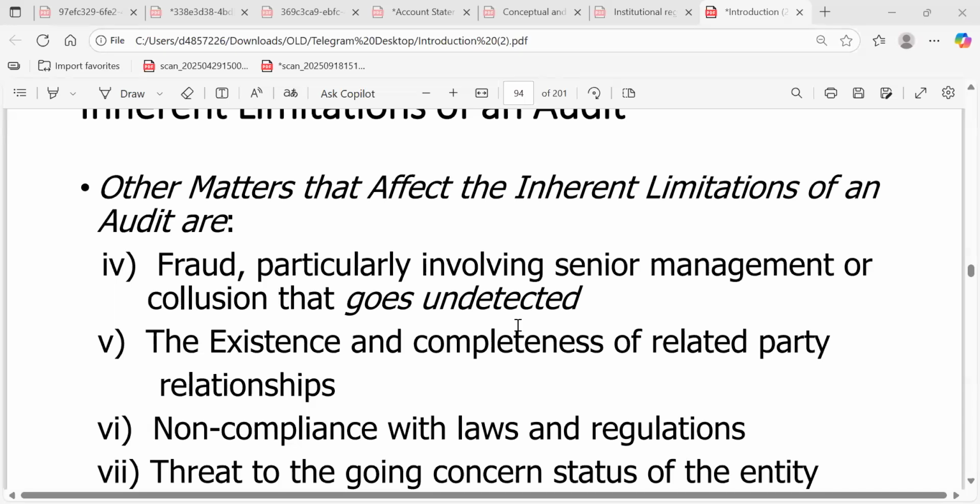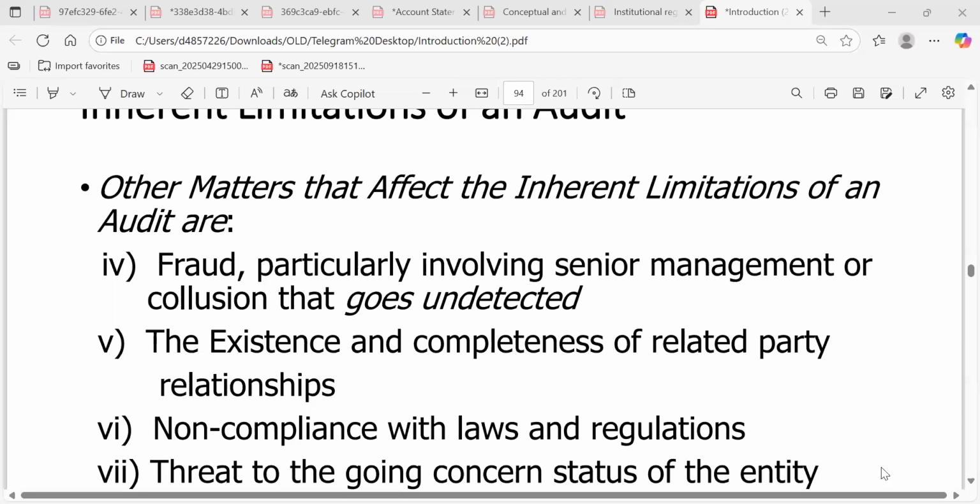So because of these related parties and transactions, and sometimes management don't even disclose the related parties, if they don't disclose it, how does the auditor expect to know? The auditor is not an angel. He cannot know everything.